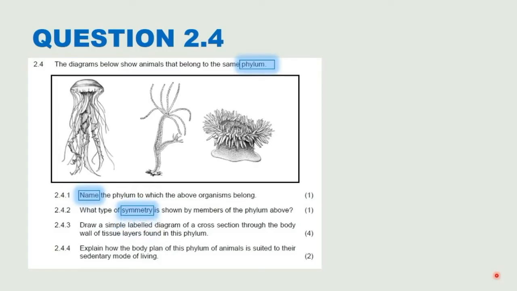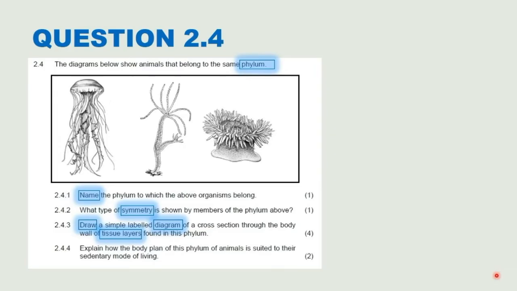Then 2.4.2, what type of symmetry is shown by the members of the phylum above. Then 2.4.3, draw a simple labelled diagram of a cross-section through the body wall showing the tissue layers. That's your key, the tissue layers found in the phylum. These are very simple organisms, as they are one of the first that started to develop in the beginning.